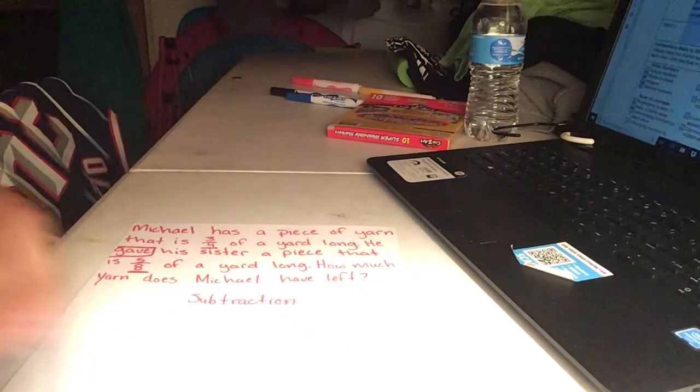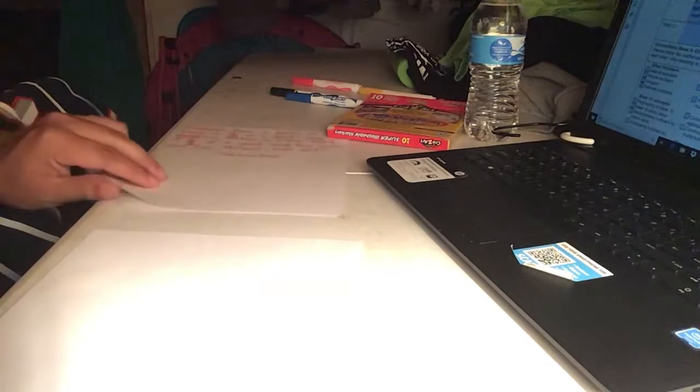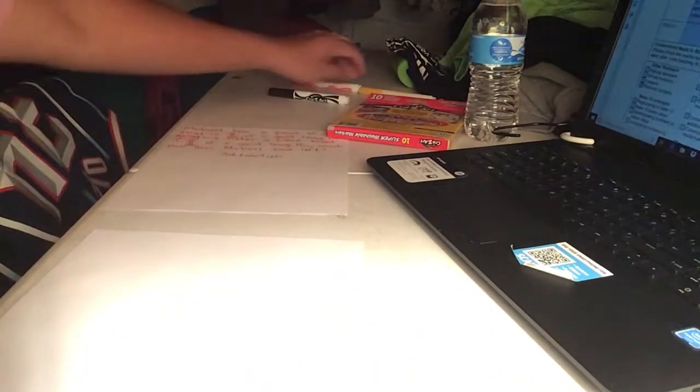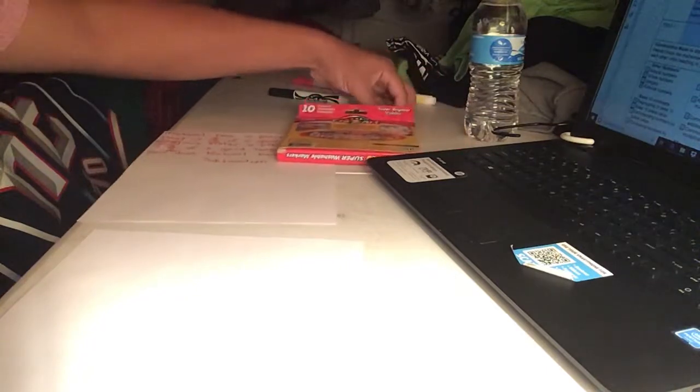So the first method I'm going to use is the pictorial model. As you recall, he started with 3/4 of a yard, and he gave away 5/8.